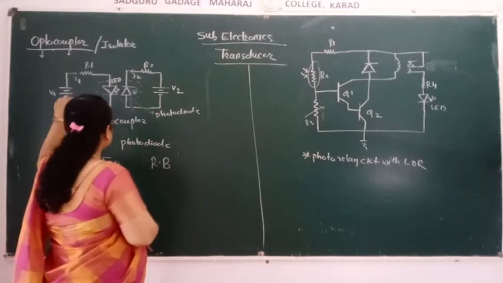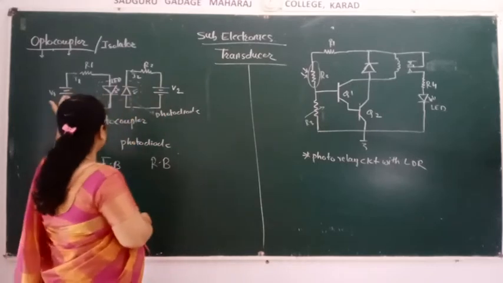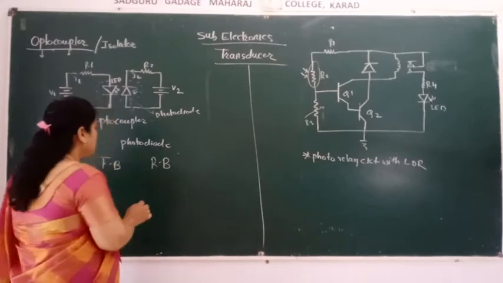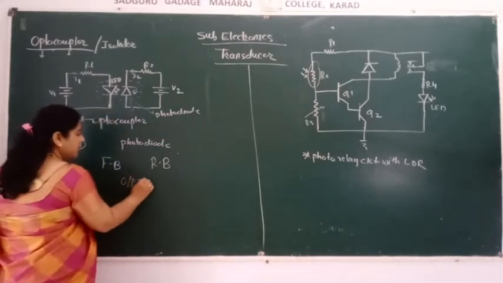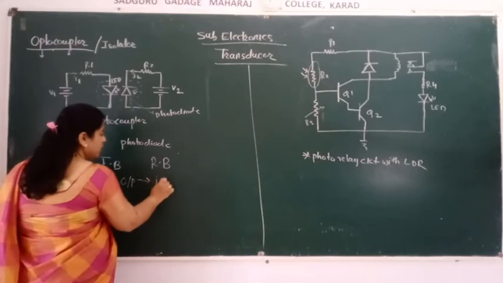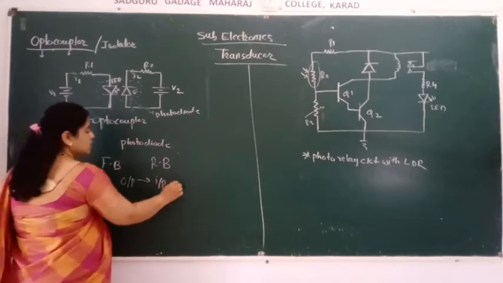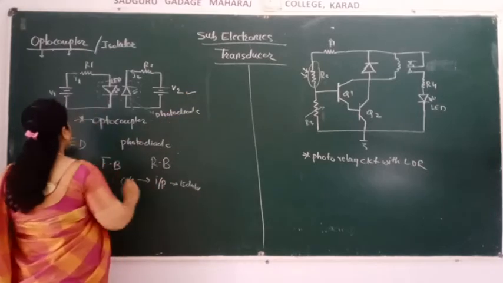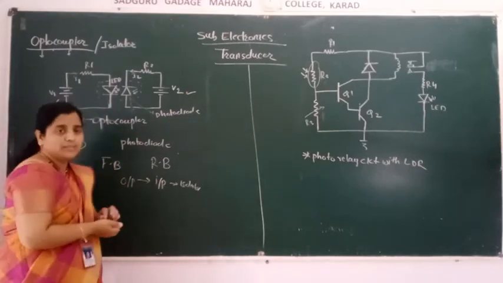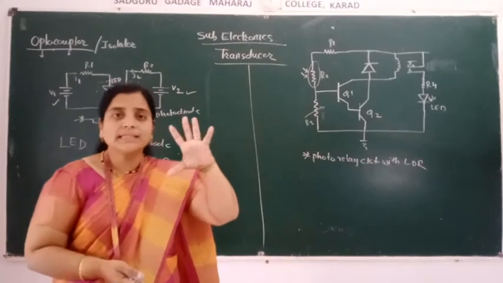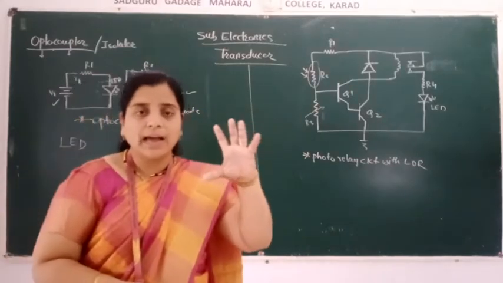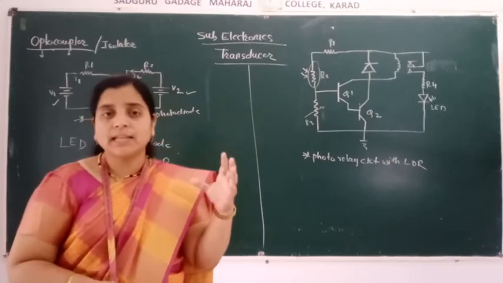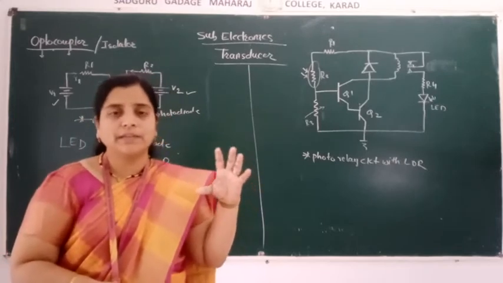So this output voltage depends on the initial voltage. The output voltage depends on the input voltage, which is why it is called the isolator. It depends on how much input voltage you are giving, how much light falls, whether very high light or very low light.